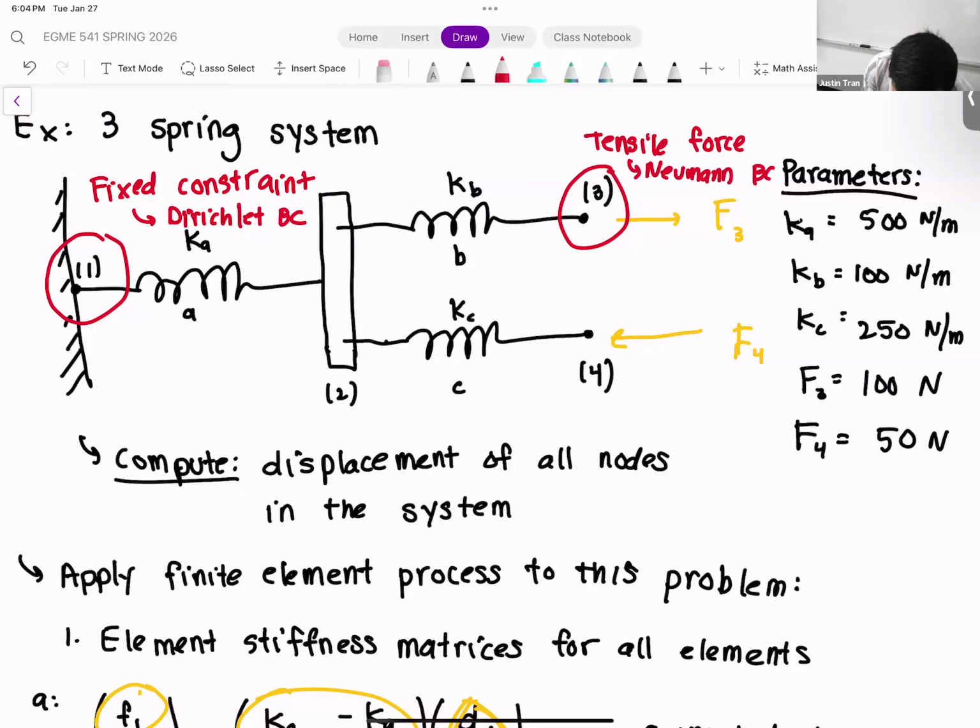And then on node 4, we have a compressive force being applied, which again is a force boundary condition, so that's going to be a simple Neumann boundary condition. So we have three boundary conditions to apply, and so that's three modifications to our global linear system that we have to do.